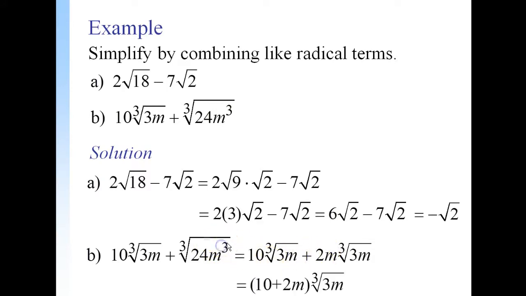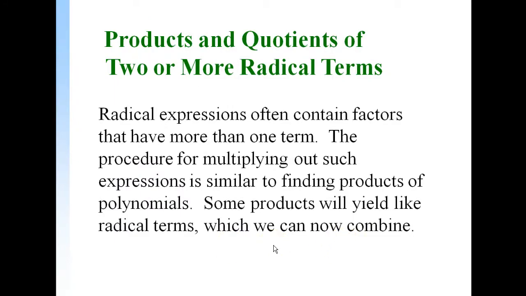Now, if this were m to the fourth, that would have been okay. But again, there's an error here. The way I had it before was okay. If this were to the fourth, then it would have looked like that. Okay, so there's a little error there. I'll have to call the company.